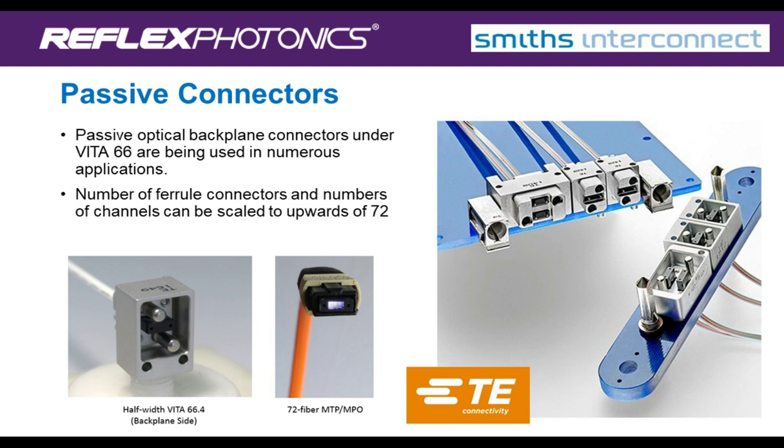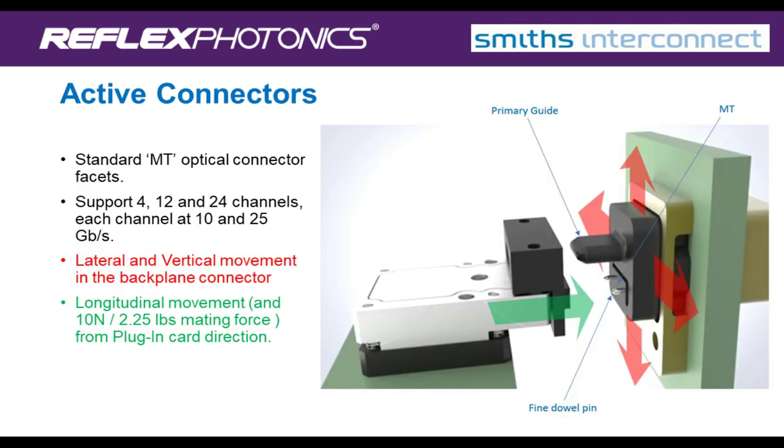This is an example of the 66.1 and .4. TE is a big player here and has produced a lot of passive interconnects that a lot of optical fiber channels can be put into, but it's like the top case of the midboard transceiver requirement.